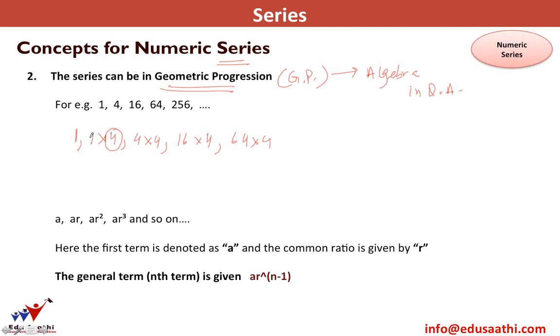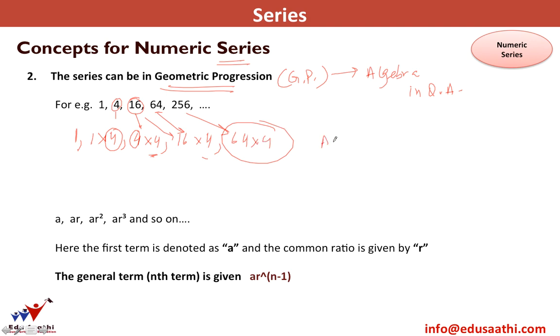So I had 1. So this previous term 1 into 4 is the second term. Similarly, the third term is the previous term 4 again multiplied by 4. How did 64 come up? The previous term 16 multiplied by 4. How did 256 come up? 64, which is the previous term, multiplied by 4.